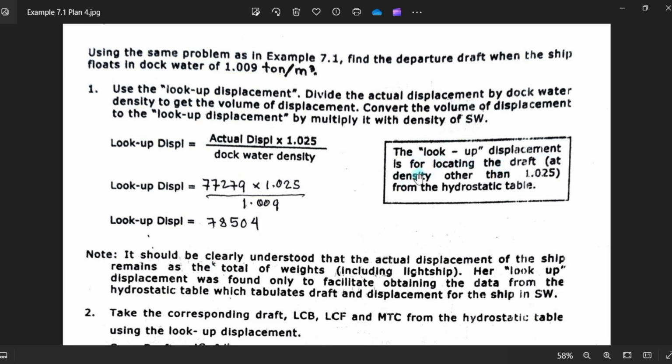The lookup displacement is for locating the draft at a density other than 1.025 from the hydrostatic table. The formula is actual displacement 77279 times 1.025 over 1.009. Let's check, guys.